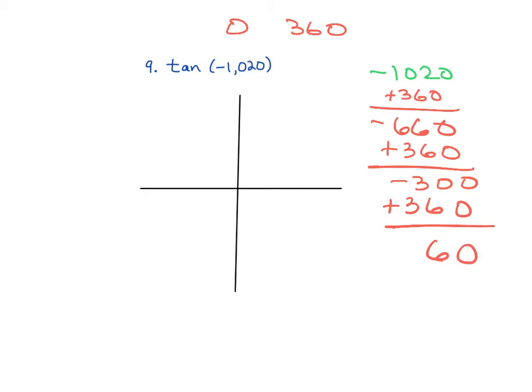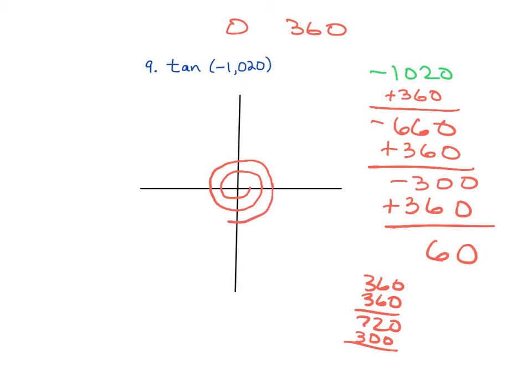So let's go ahead and figure out how many times we're going to go around. Again, it's a negative angle. So I'm going to go around one time, 360. Another time, I'm now at 720. So I could keep adding to see where I'm at. And then to get to 1020, I'm going to go another 300 degrees.